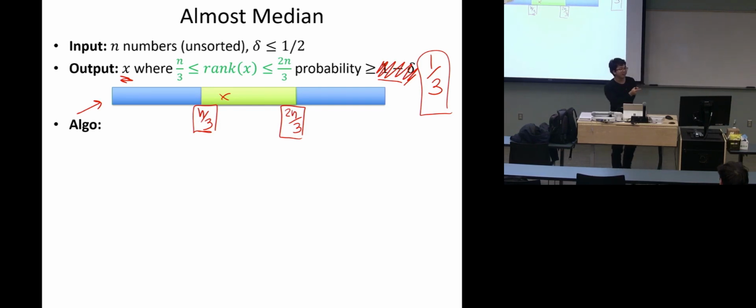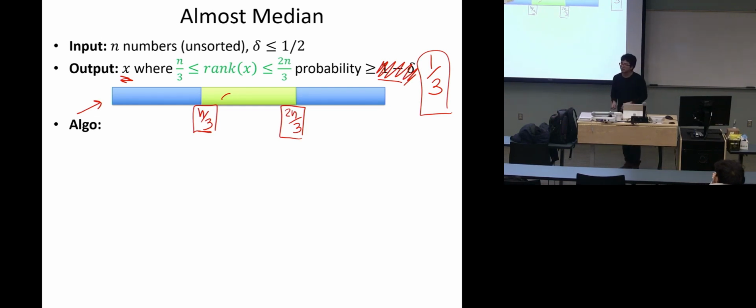But you have a good intuition that if you pick 3 and choose the middle one among these 3, it should be in this range with even higher probability, better than 1/3. We can analyze that, but that's a good intuition.